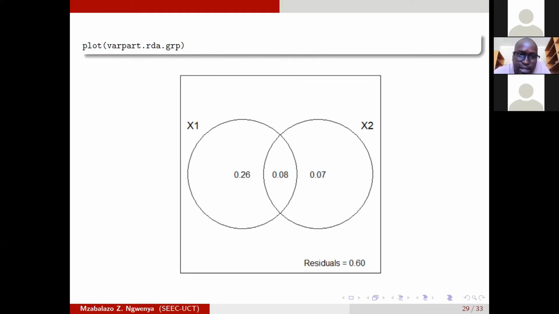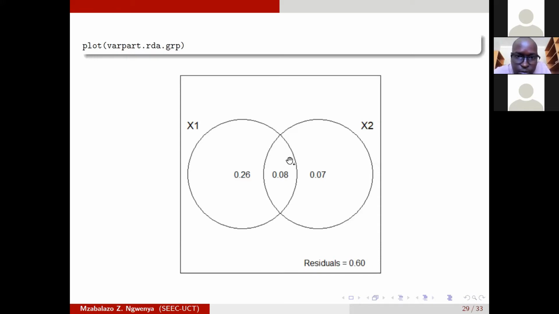It's telling us that 0.26 of the variation can be strictly attributed to our three chemical variables, Al, K, and N, and 0.07 can be attributed strictly to bare soil.